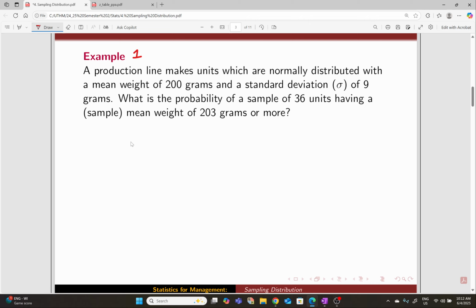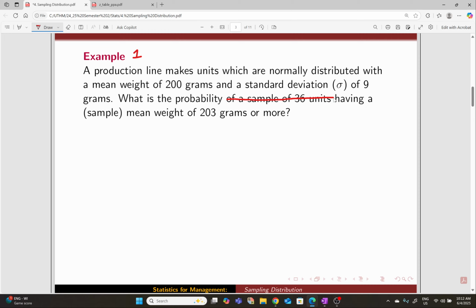Example 1. Before I proceed with this example, I just want to make some changes. Let's say a production line makes units which are normally distributed with mean and standard deviation. What is the probability of, okay, this is what I'm going to change. This one I'm going to cut.